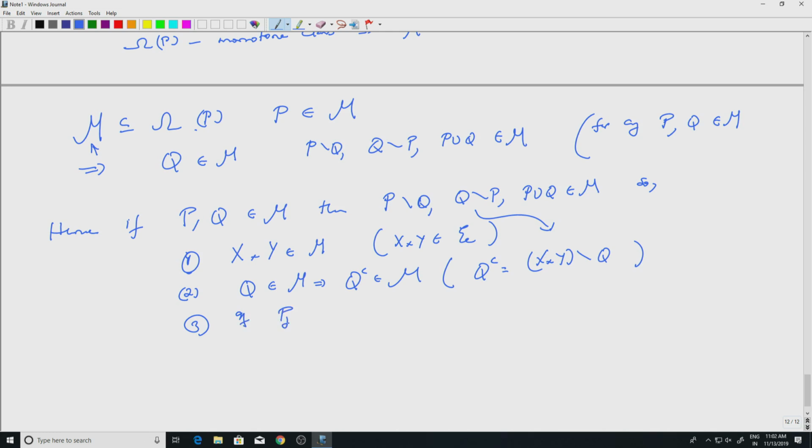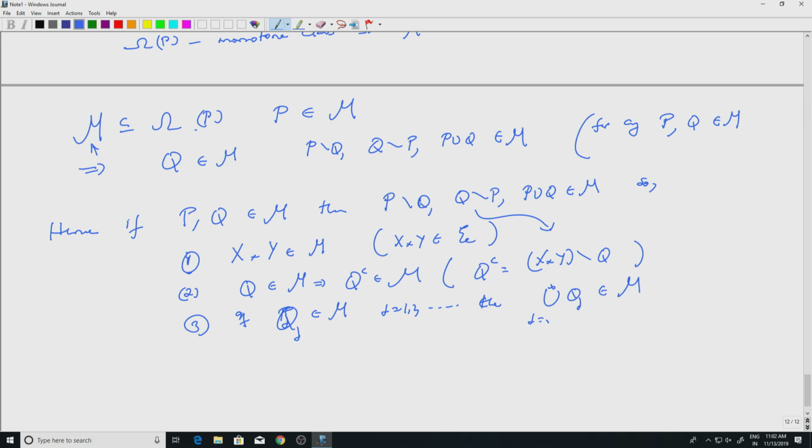Third, if qj are in M, j equal to 1 to n, etc. Then suppose they are in M, then I want to say union qj, j equal to 1 to infinity, is also in M. Why is that?